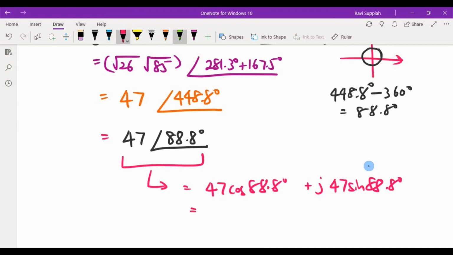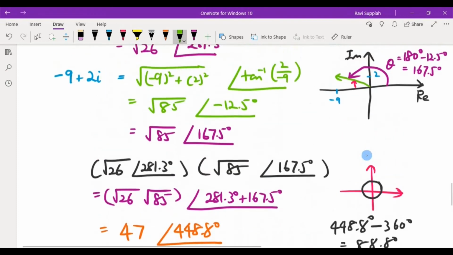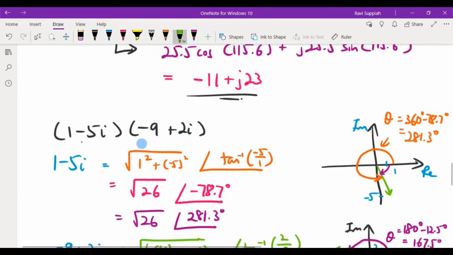Okay, and that will give you an answer of 1 plus j47. Okay, so you can of course confirm this answer by doing the actual multiplication in the rectangular approach. That means you do the expansion.